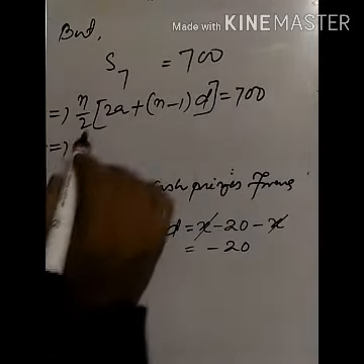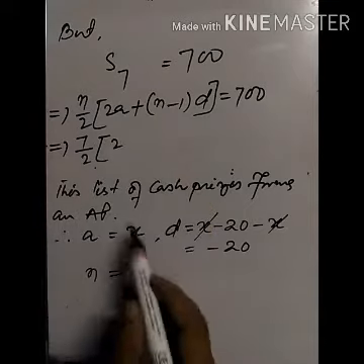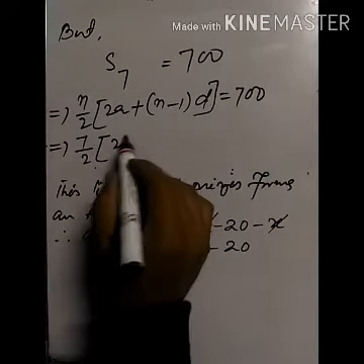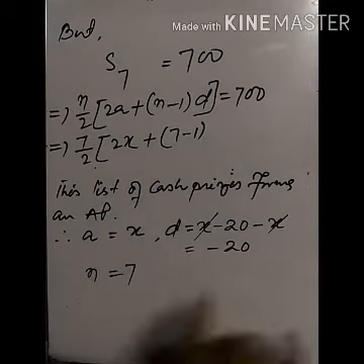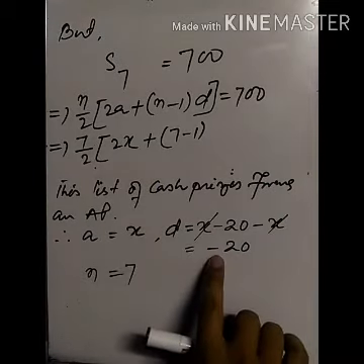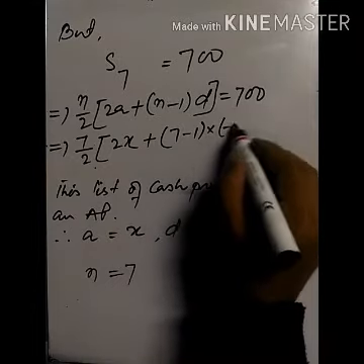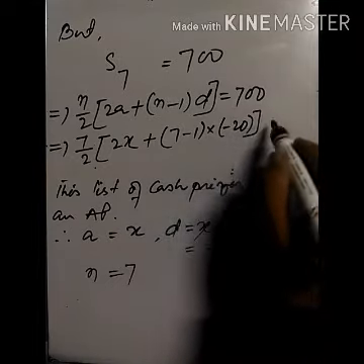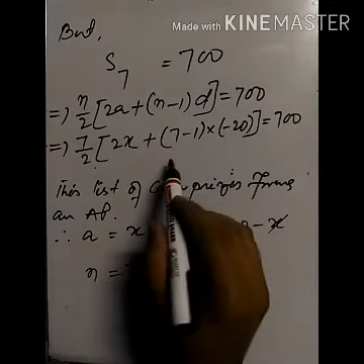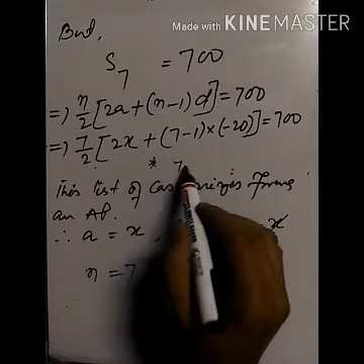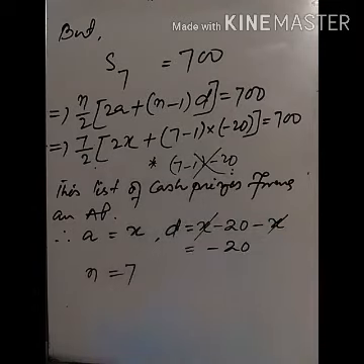So N will be 7, then 2 into A means X, so X plus 7 minus 1. The value of D is minus 20. When there is minus, please pay attention. If you just write it in this way without brackets, your answer will be wrong.